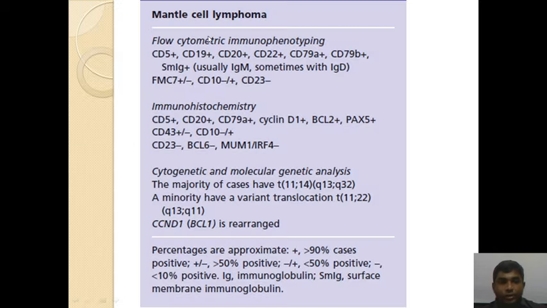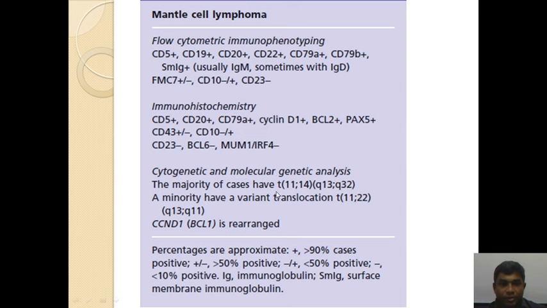So the flow cytometric immunophenotyping is CD5 positive, CD19, 20 positive, CD22 positive. So all the B markers are positive in addition to CD5, which is a T cell marker. CD5 positivity is seen in two types of CLPDs: one is CLL and the second is mantle cell lymphoma. And the same immunophenotype can be confirmed with immunohistochemistry also.